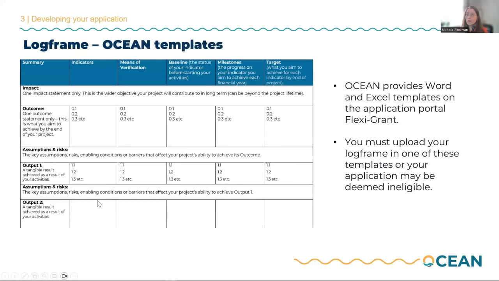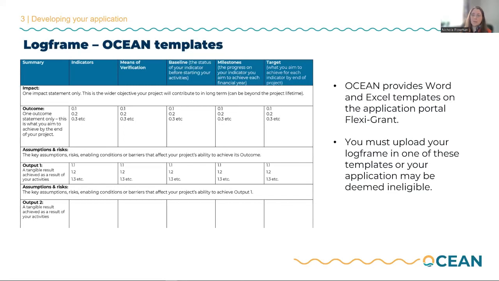As I mentioned before, Ocean will provide the templates. We have a Word and Excel template available on the application portal on FlexiGrant, so you can go there and download the templates and use those to start filling out your log frames. You must upload a log frame in one of those templates, or your application may be deemed ineligible.